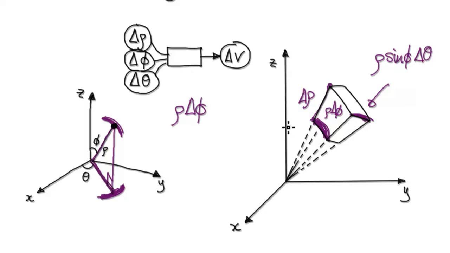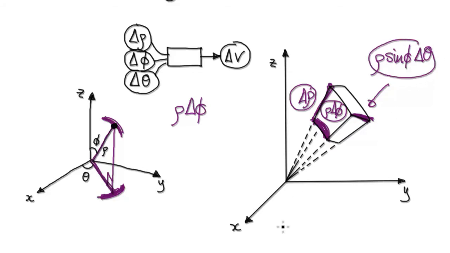So roughly the volume of this thing here would be the height times the base and then times this depth. So it would be this times this, which is this length here, and then times this thing here.